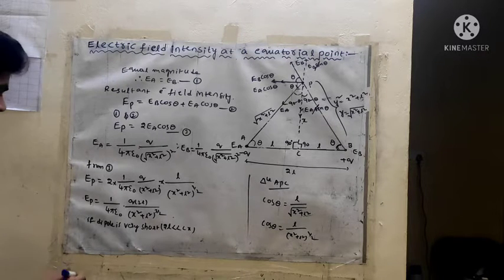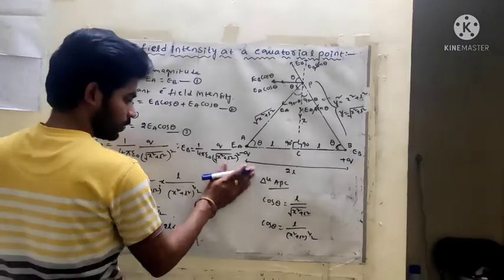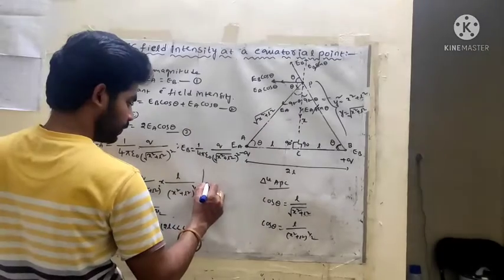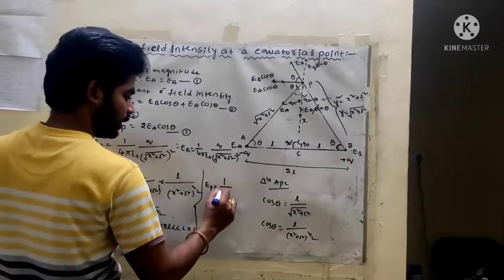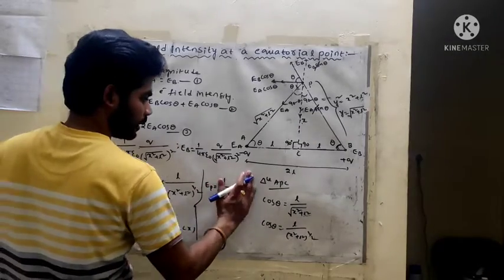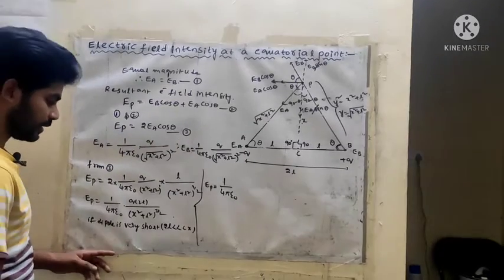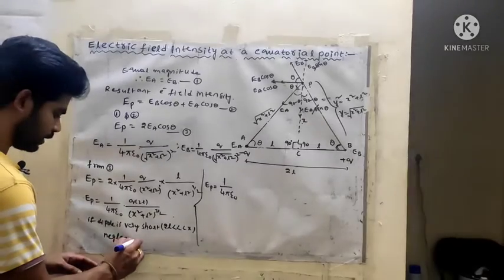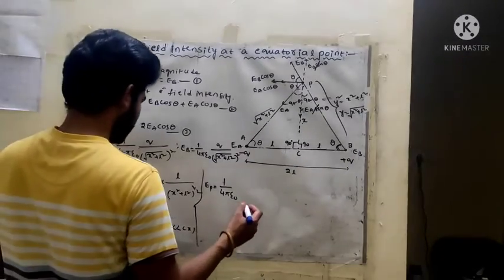So what do we get here? Finally, I am writing that the dipole is very very short, so EP is equal to 1 by 4 pi epsilon naught. Dipole is very short, we can neglect the 2L length.